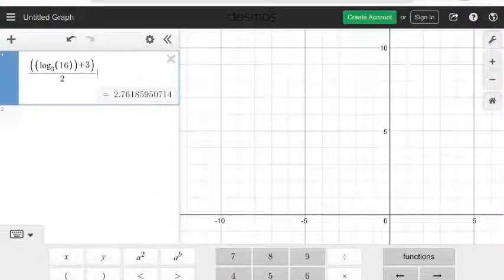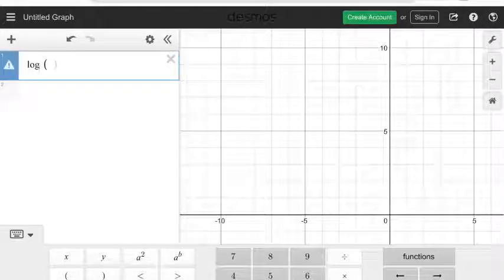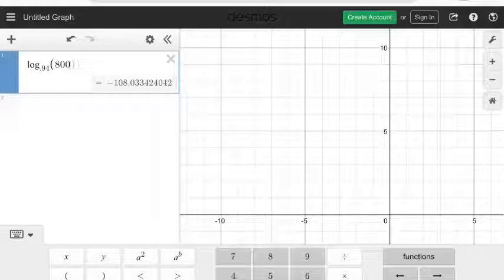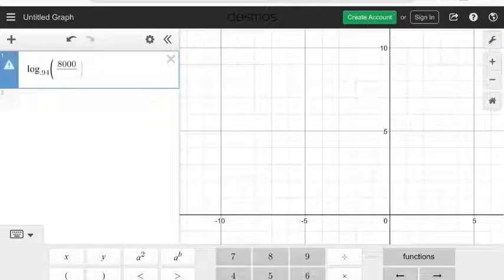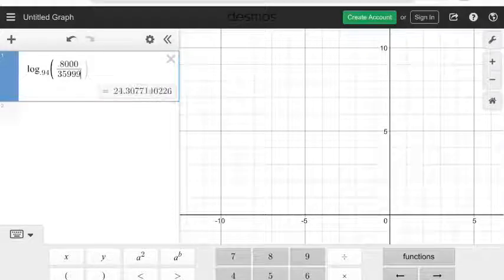I'm going to exit out of everything that I've got in there already. So I've got log base A, because I want to put 0.94 in my base. And then I'm going to have 8,000 divided by 35,999. So that gives me 24.3 years.